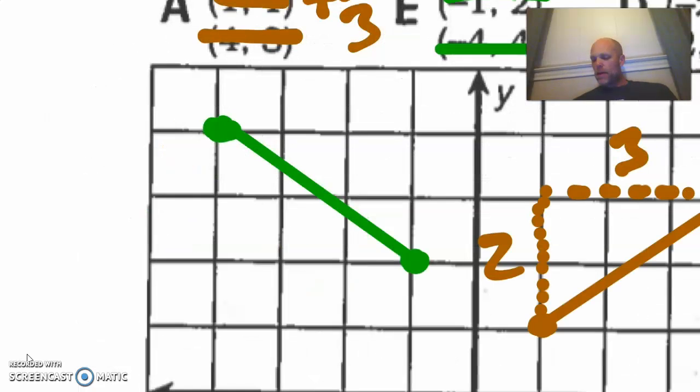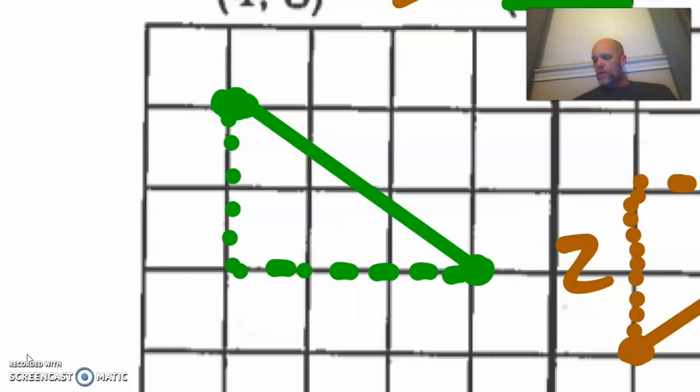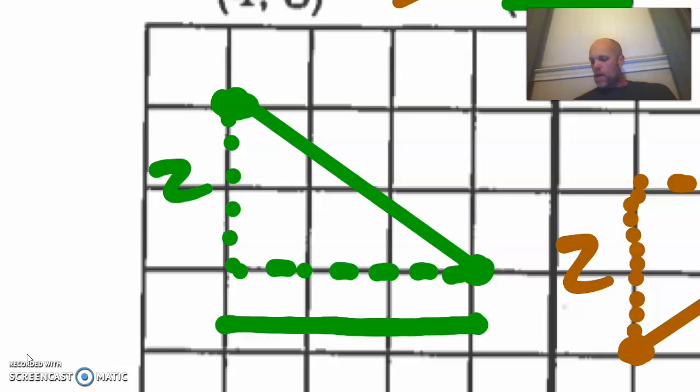Okay, so then I'm going to do the exact same thing. How much did it rise? How much did it run? Okay, how much did this slope rise? And technically this one's falling, right? But how much did it rise? It rose 1, 2. And how much did it run side to side? 1, 2, 3. 3.